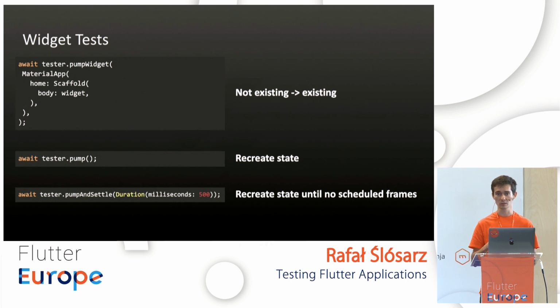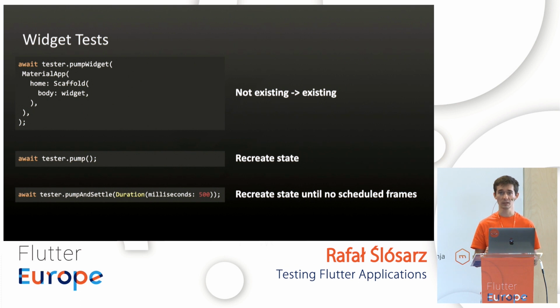In this situation, we would really like to have full control over how our widgets are recreated. First of all, we can use the pumpWidget function, which creates the widget from a non-existing state to an existing state. We also have the function pump that recreates the state. This is pretty much what would be caused by setState in our widget in the production code.